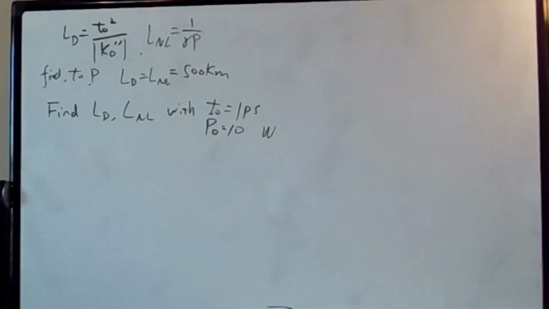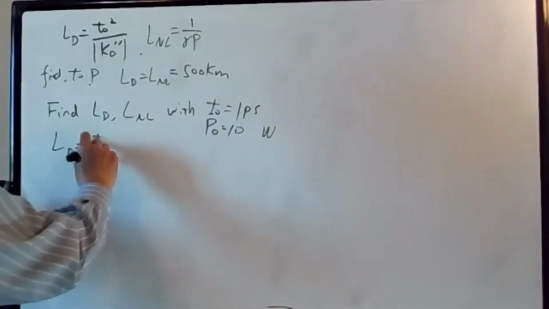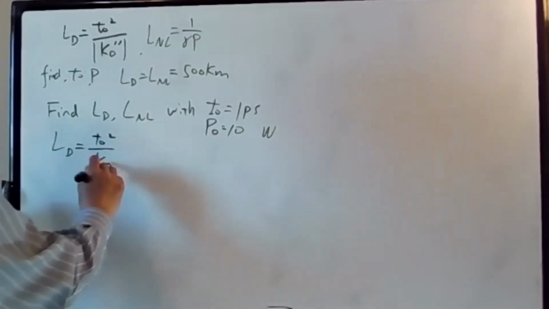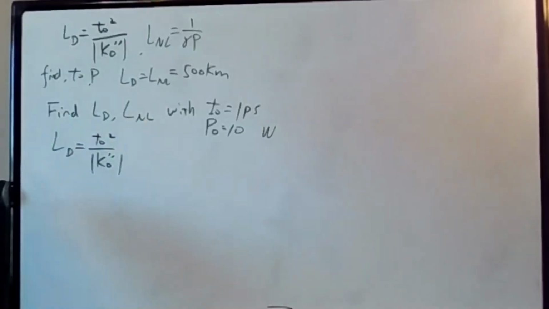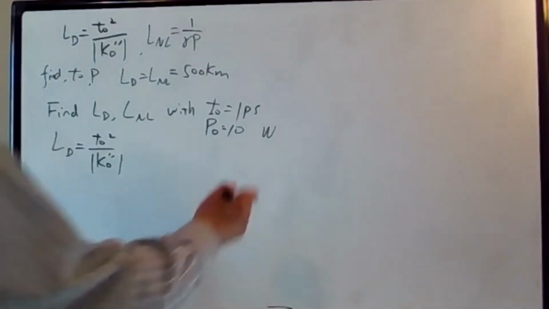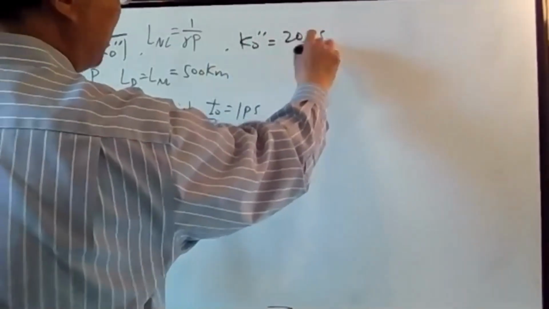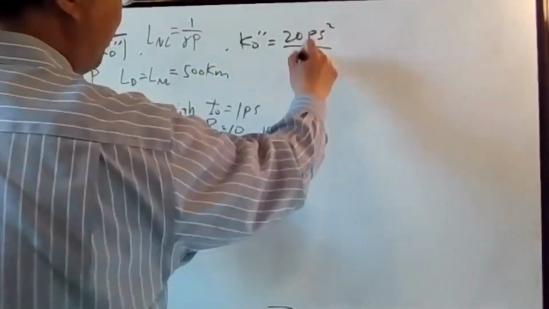So let's just write down the equation. LD is T naught squared divided by the absolute value of K naught double prime. We use the previous numbers: K naught double prime is 20 picosecond squared per kilometer.